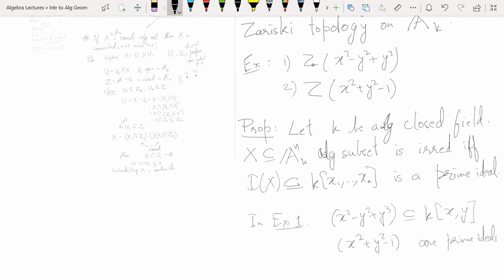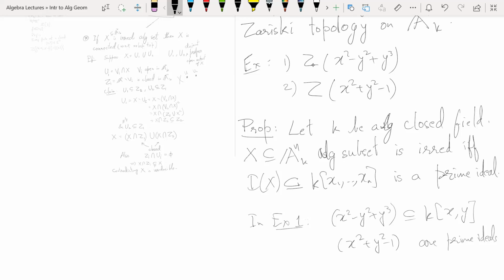So how do you decide whether this is a prime ideal? You can sort of parameterize by t, some single parameter. But how do you check whether it's a prime ideal or not? It's generated by one element, and what can you say about this element? If it is irreducible, then it is a prime ideal.